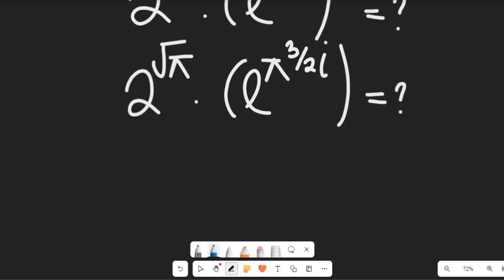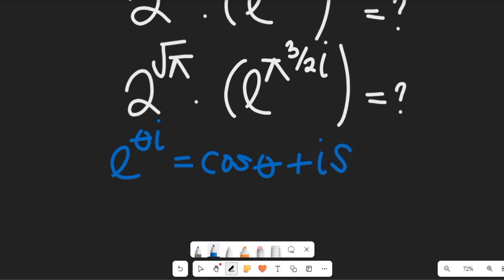So let's recall the Euler formula that says if we have the exponent of theta j, this can be equal to the cos of theta plus i multiplying the sine of theta. Now, if I compare this with this, you'll find out that theta is now equal to pi to the power of 3 over 2, right?